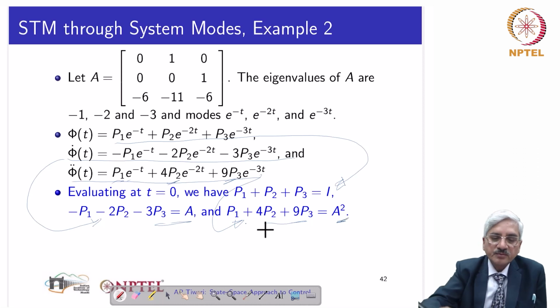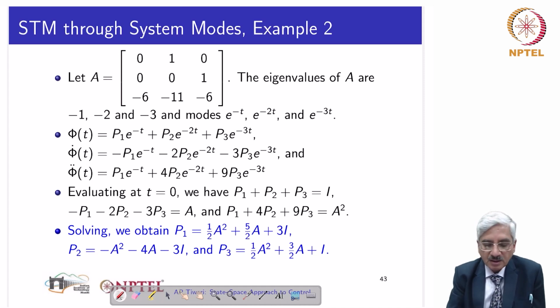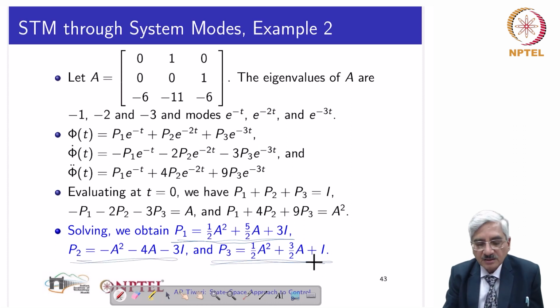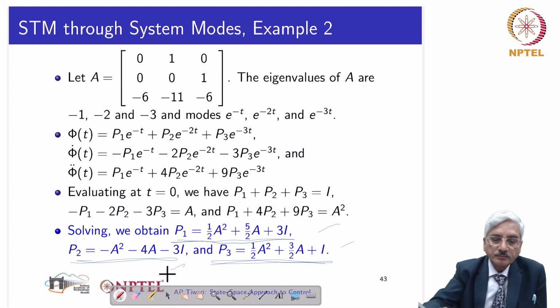These three equations are solved for three unknown matrices P1, P2 and P3, leading to this. P1 comes this, P2 comes this, and P3 comes this. I suggest that students can do these derivations and convince themselves that this is indeed correct.